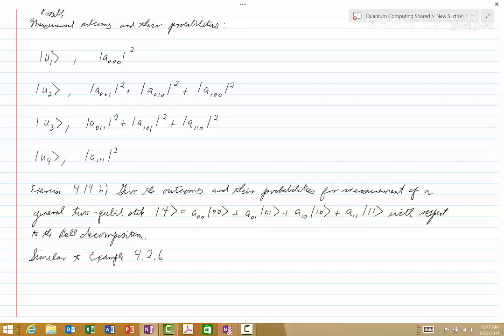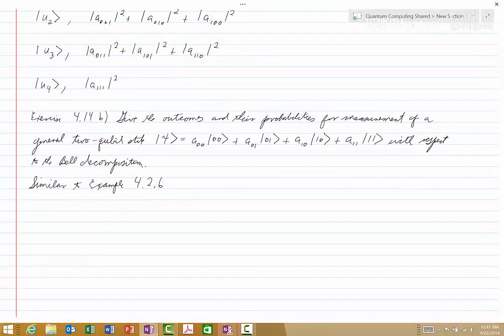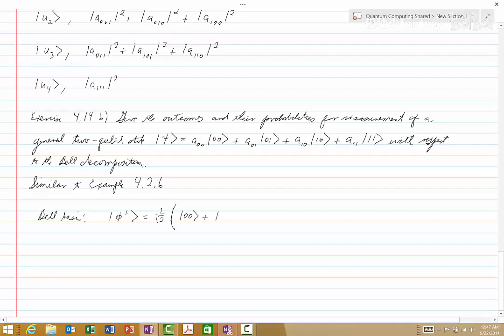Okay, so for this problem, I want to begin with just a reminder to you of the Bell basis. And you will recall that we have phi plus, which is 1 over square root of 2 times 0, 0 plus 1, 1.